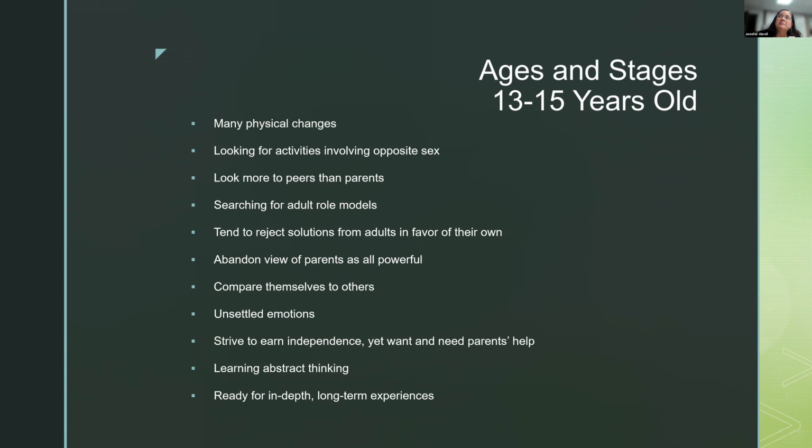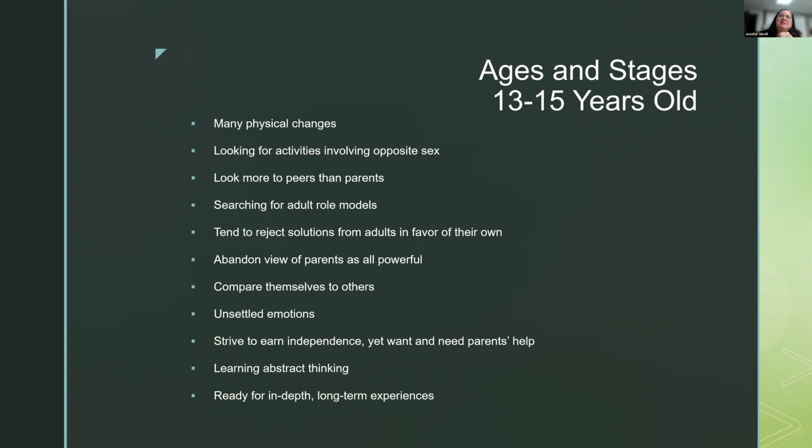And again, we talked about comparing themselves to others, and that whole hello middle school, right? That unsettled emotions. I was a middle school counselor for 4 years, and it takes a special person to deal with that full time.